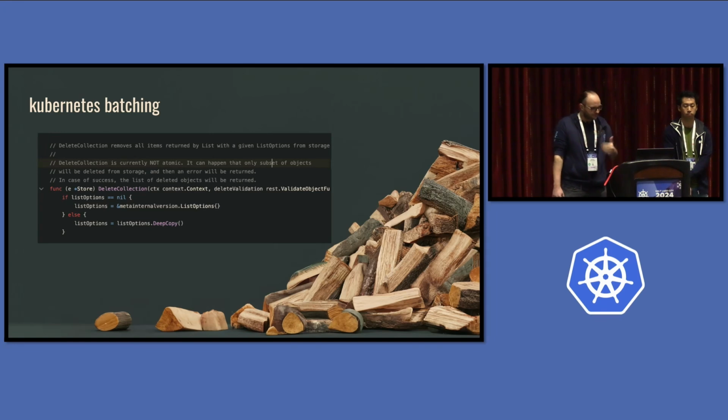And one of the reasons is, when you compare the watch implementation between etcd and Kubernetes, the etcd transaction will return multiple objects with the same revision, while on Kubernetes batching, you will get multiple objects with different revisions.